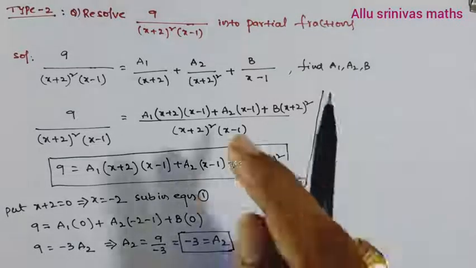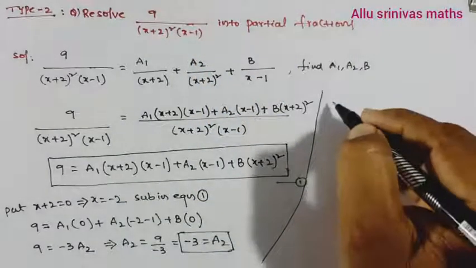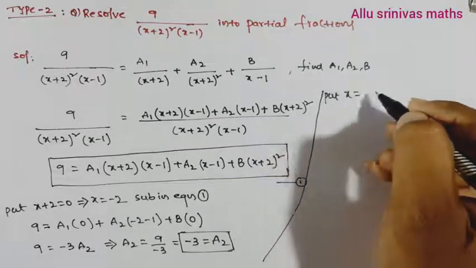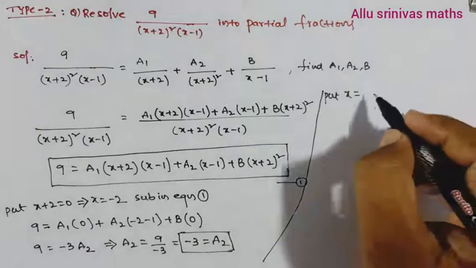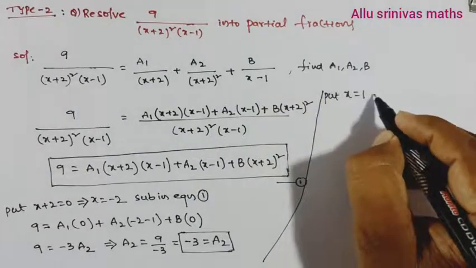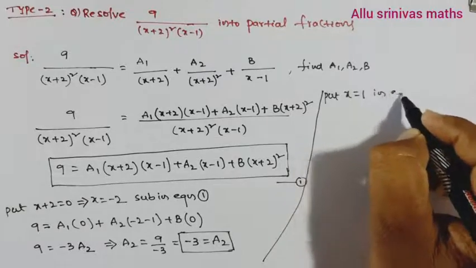Next we take another linear factor, x minus 1. Put x minus 1 equal to 0, and minus 1 sent to the RHS side, then x equal to 1. So substitute in equation 1.